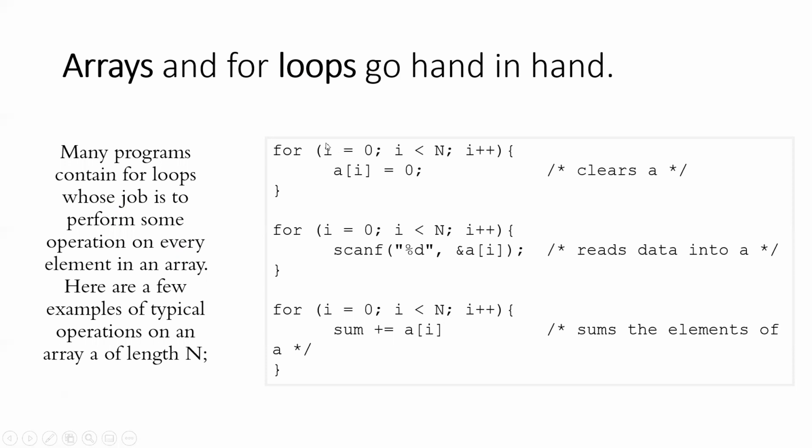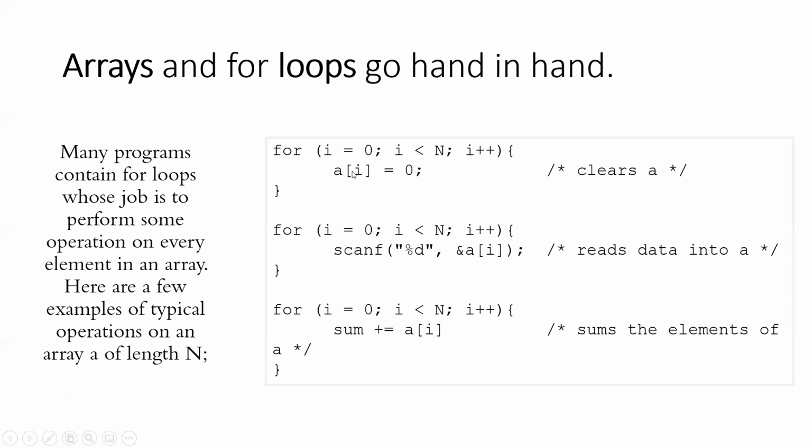We start with an initial value of 0, and then we loop through until we reach the maximum length of the array. If it exceeds that, there are no longer elements that we can access. This line of code clears A, or assigns a 0 to each member of the array A.